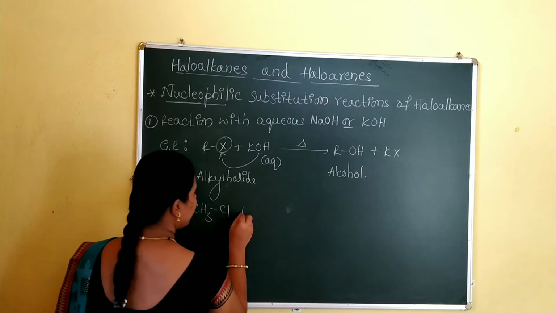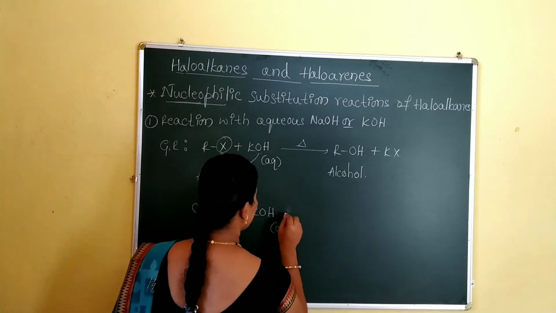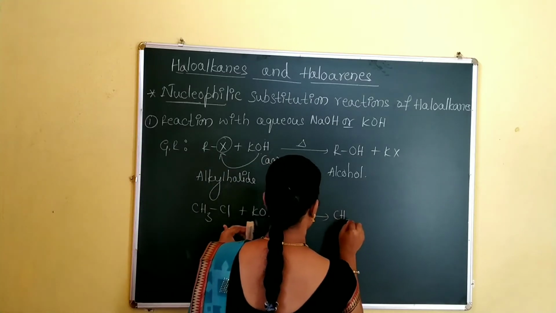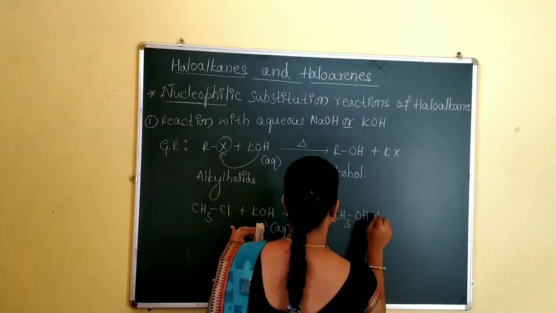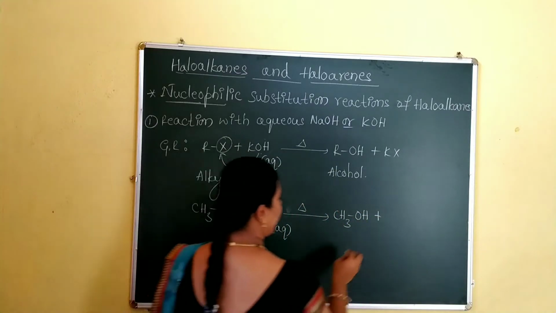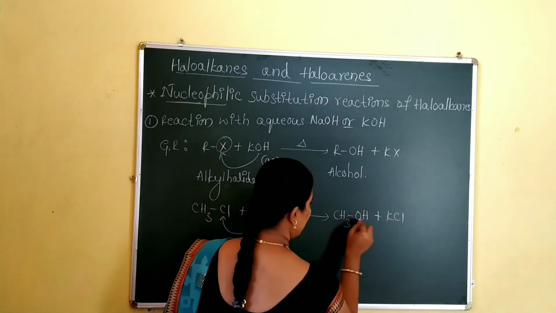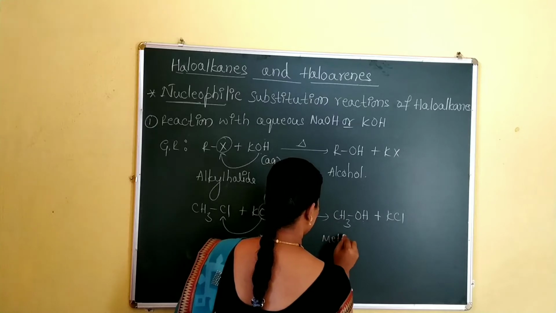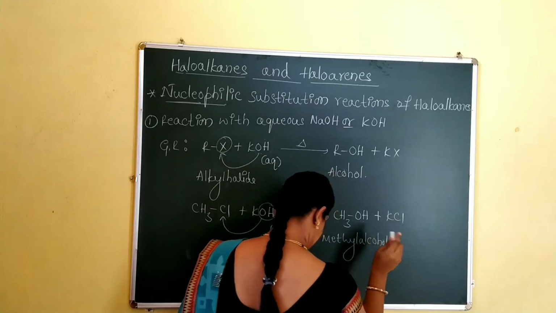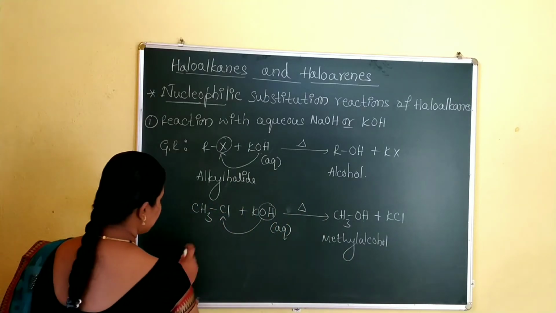When it is heated with aqueous KOH, then CH3OH and KCl, potassium chloride, are formed. This is methyl alcohol.